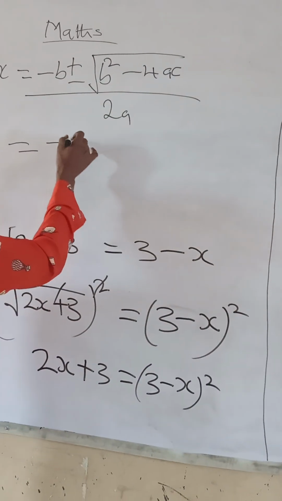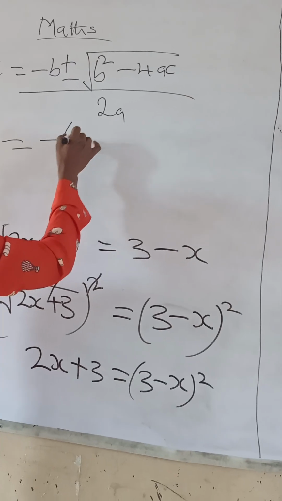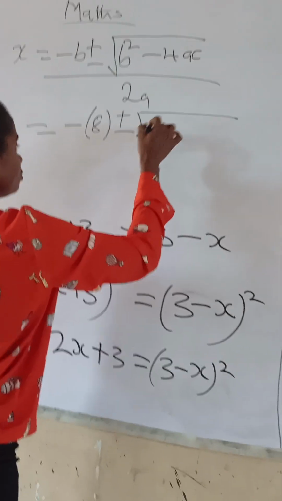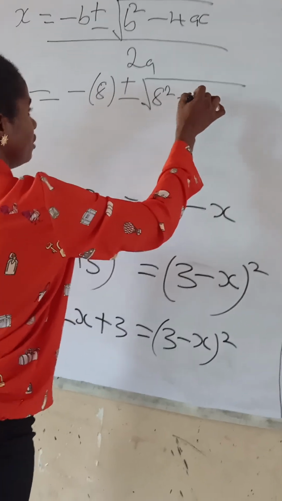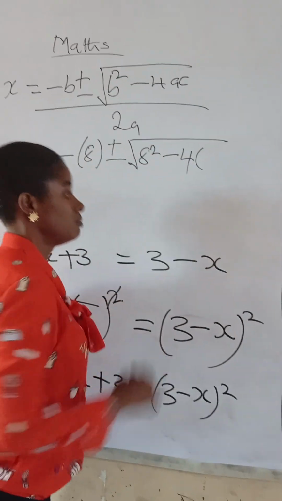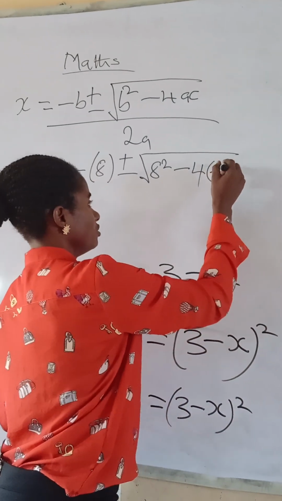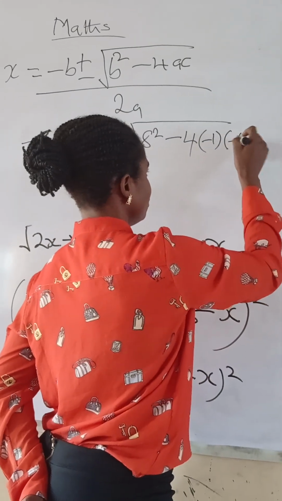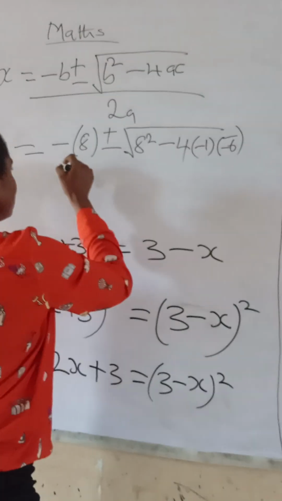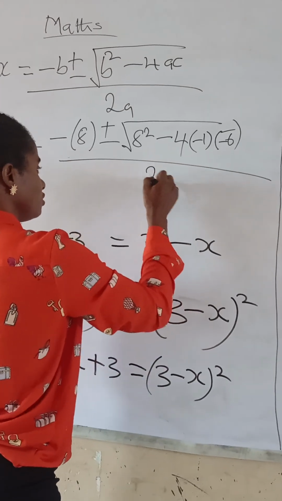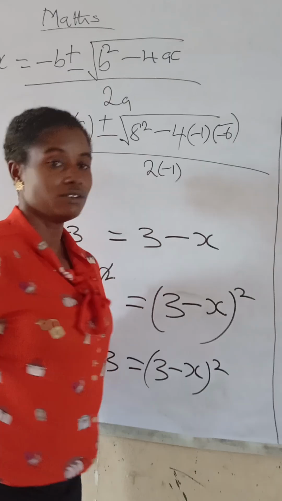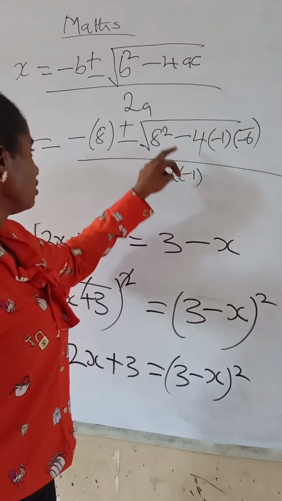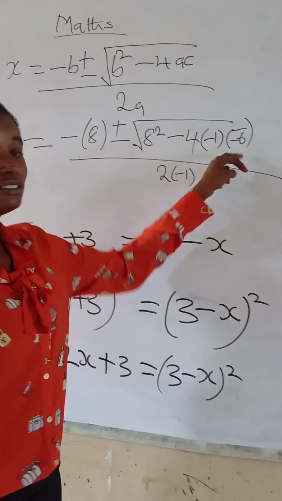We are having minus into the bracket of 8, plus or minus the root of 8 squared minus 4 into the bracket of minus 1, the bracket of minus 6, divided by 2 into the bracket of minus 1. This is the expression. This is a, this is b, this is a, and this is c.